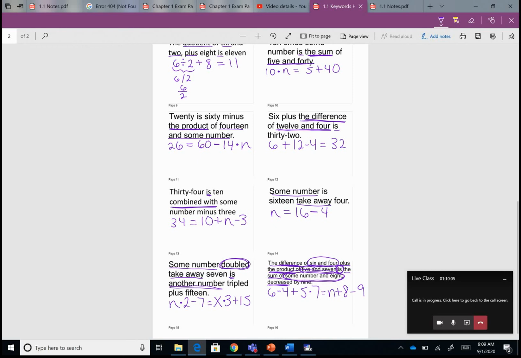So please make sure you have checked your entire assignment. Then please make sure you take a picture of that assignment, print it as a PDF if you can, and then click the green Answer Assignment button on It's Learning to upload that file so I can see it.